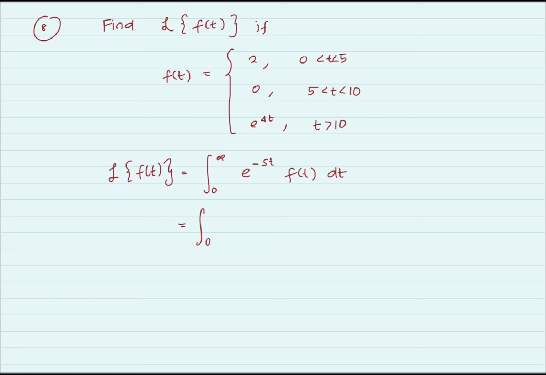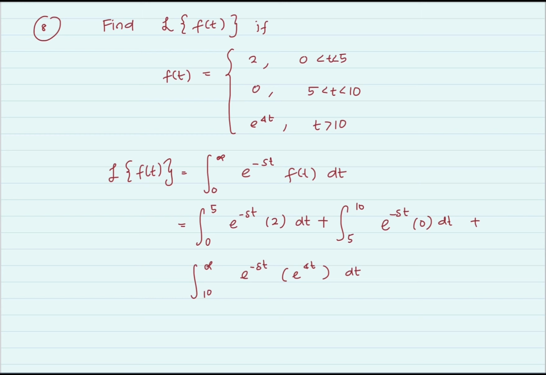If we integrate from 0 to 5, our f(t) will be 2, plus from 5 to 10, our f(t) becomes 0, and then from 10 to infinity, our f(t) becomes e^(4t) dt.